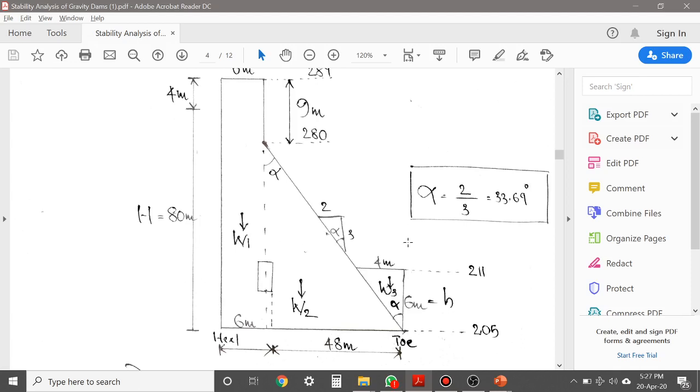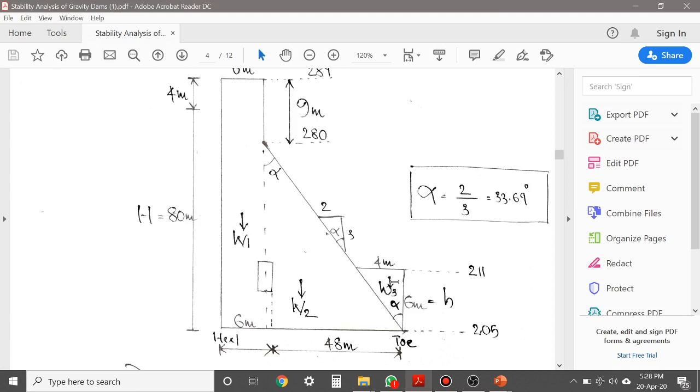But that is not the case at downstream. The downstream is inclined. Whenever there is an inclined portion, whether it is at upstream or downstream, you have to take the self weight of the water at that region also. Here, since the downstream portion is inclined, we have to take the self weight of tailwater also.